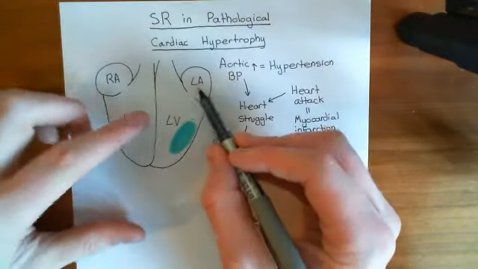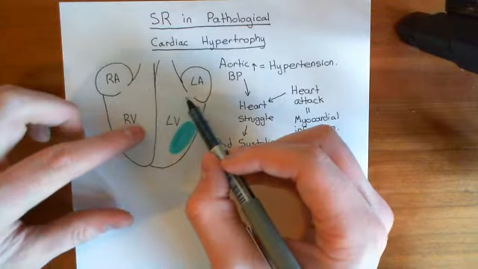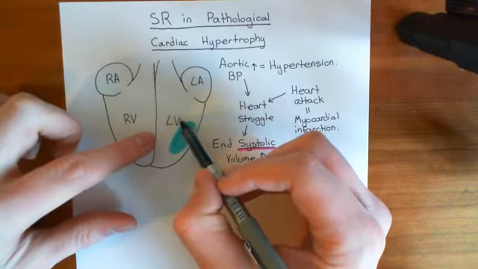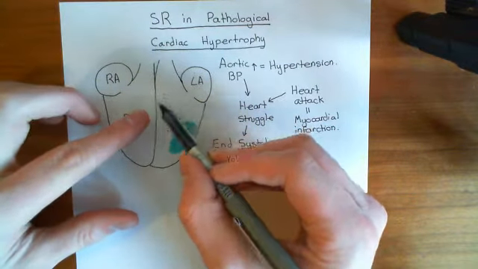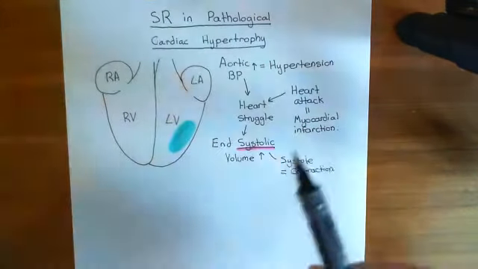Okay, and do you think the left atrium is going to stop pumping blood into the left ventricle because the left ventricle is failing? Well, no is the answer. So let me say that again.